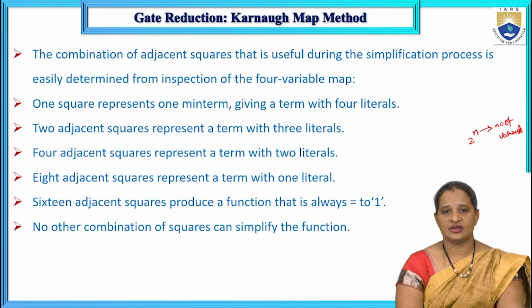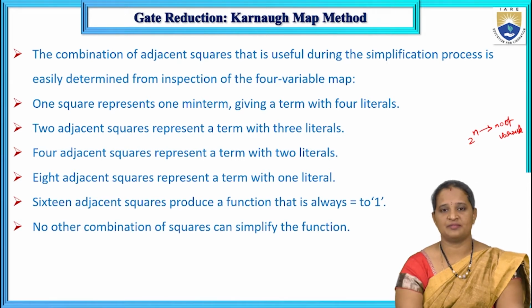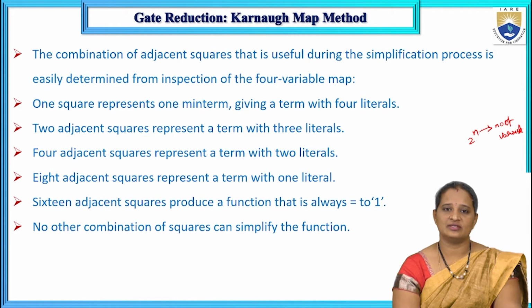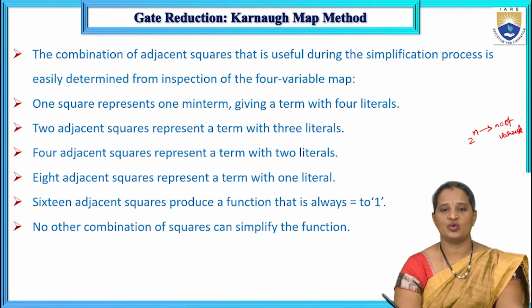And once we have mapped the Boolean function with the K-map, the next step is to group the adjacent cells. We already know that two cells are said to be adjacent if they differ by only 1 bit position. The binary values of each and every cell are assigned using gray code instead of binary code.